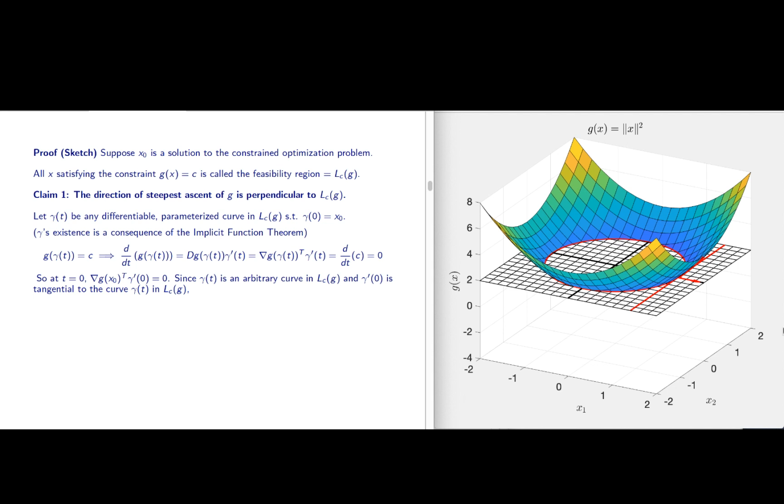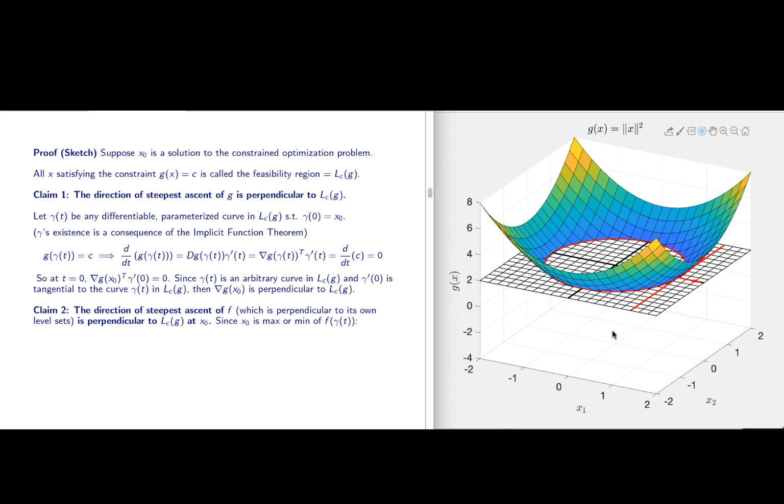So we see this line is a tangent line, and gamma prime of 0 must be along this line. Since gamma was an arbitrary curve in my feasibility region, and gamma prime of 0 is tangential to the curve at x naught, then we can say that the direction of steepest descent, that is the gradient of g, is perpendicular to my curve, which I say right there.